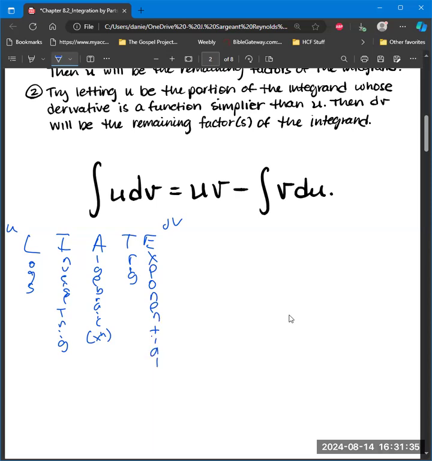Big idea here is these things to the left go away immediately when I take the derivative of them, it becomes simpler. Algebraic expressions that are polynomials and things like that are going to eventually go away if I take enough derivatives. If they're not polynomials, they may not completely go away. Trig functions and exponential functions: when I take derivatives of trig functions, they keep coming back as trig functions.